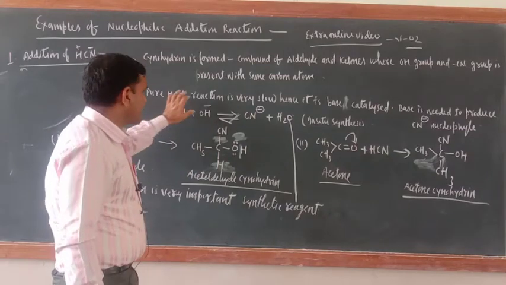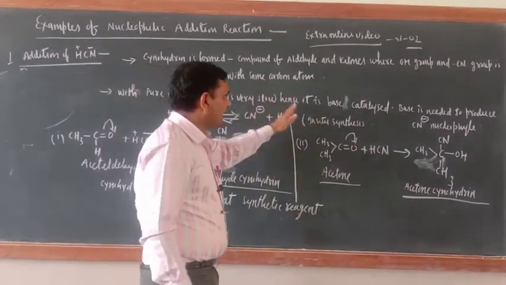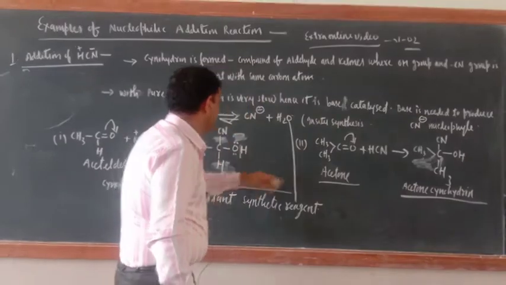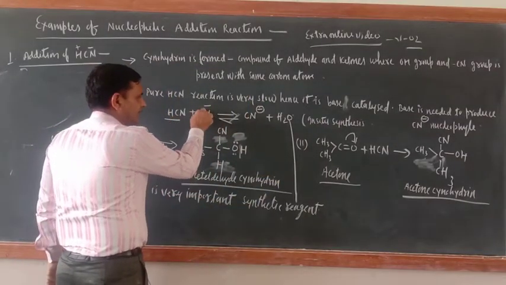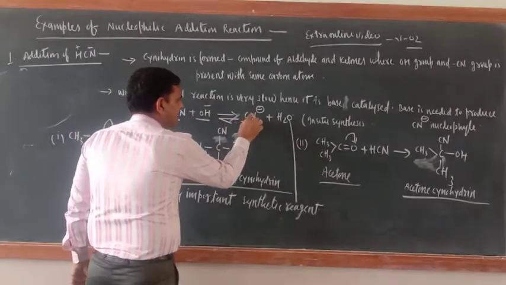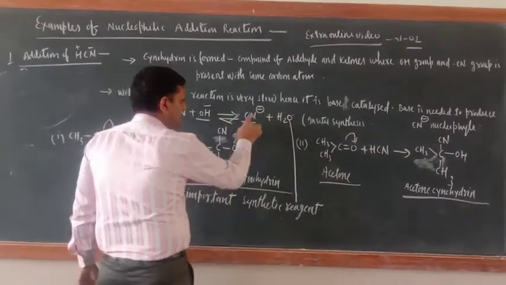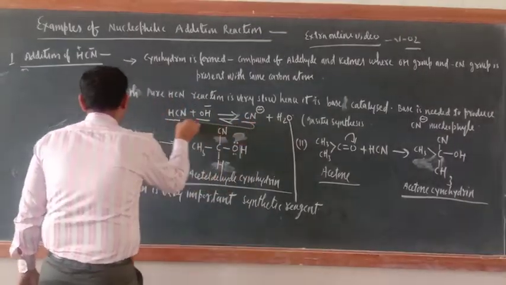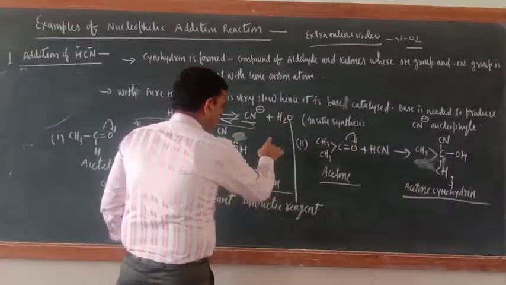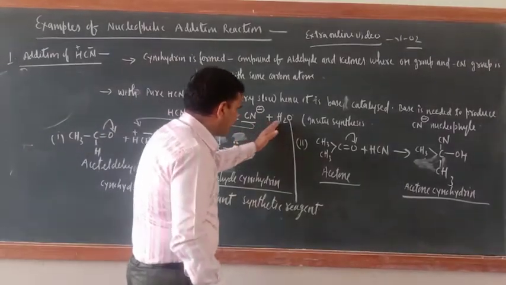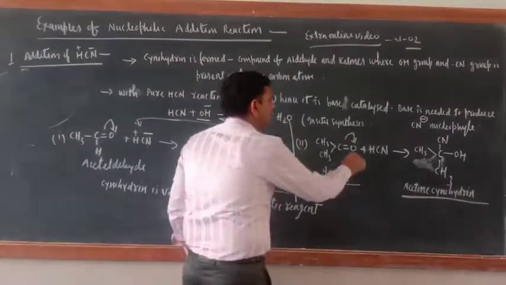So with pure HCN the reaction is very slow, hence it is base catalyzed. Just see here, HCN should be treated with base OH negative. So now it will furnish CN negative ion, and this CN negative is the only nucleophile, and we want this one only. Such kind of synthesis is known as in situ synthesis.